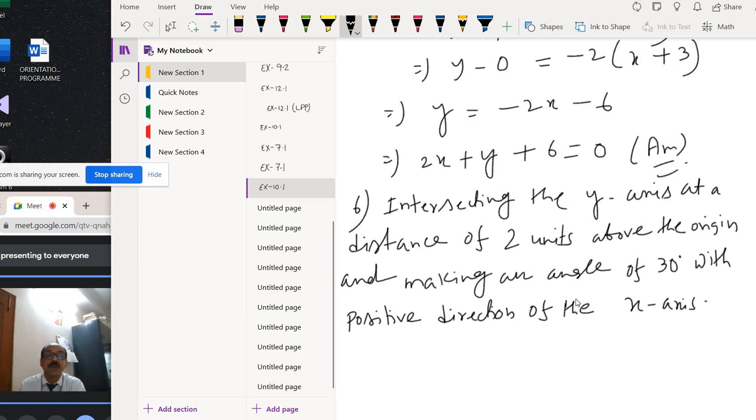Find the equation of the line. So here x1, y1 will be 0, 2 and the slope will be tan 30.